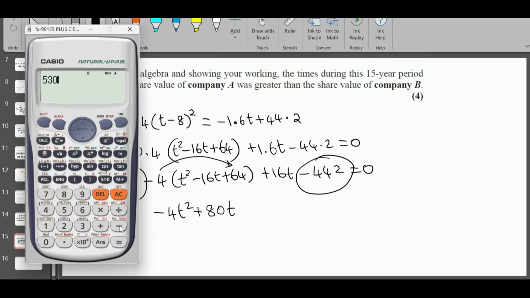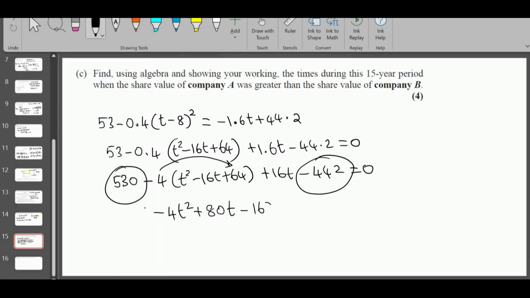So 530 minus 442 minus 4 times 64 is minus 168, which is 0. And I'm going to divide throughout by negative 4. I will get t squared minus 20t plus 42 is equal to 0.